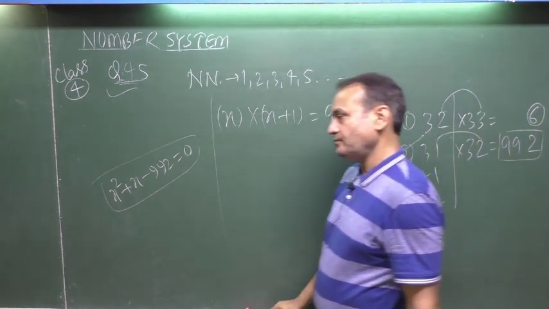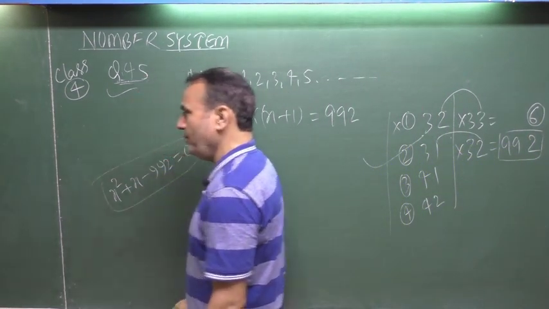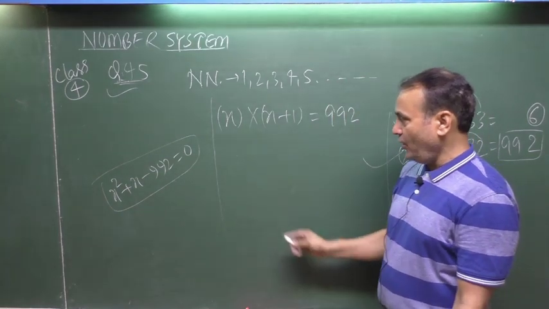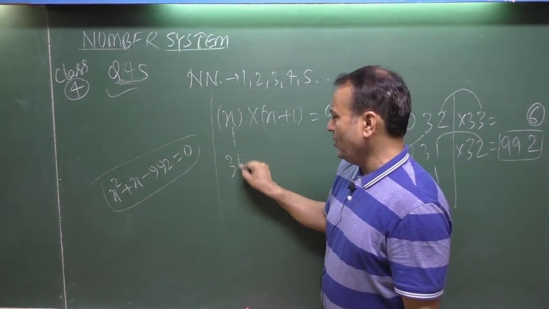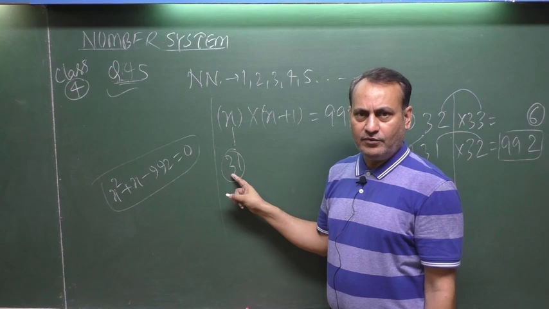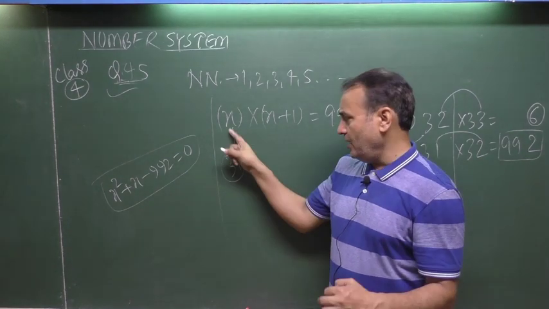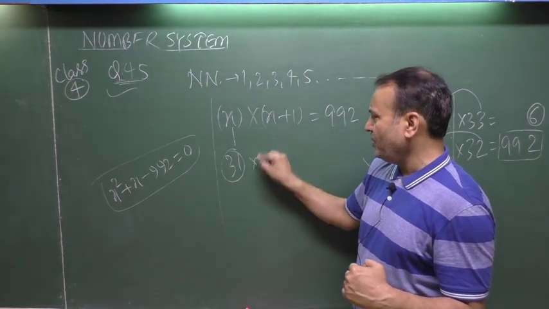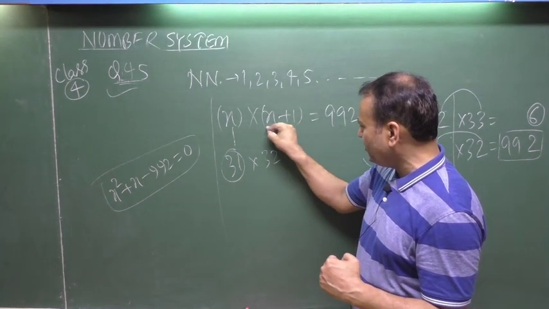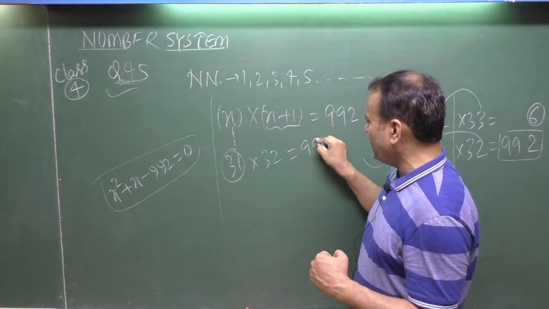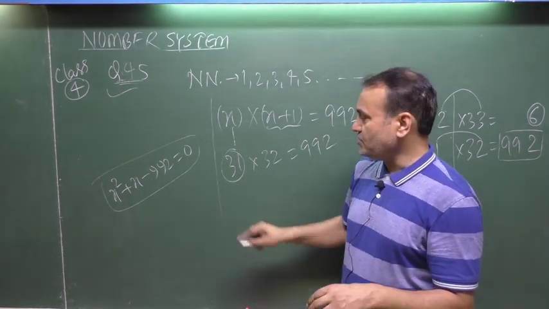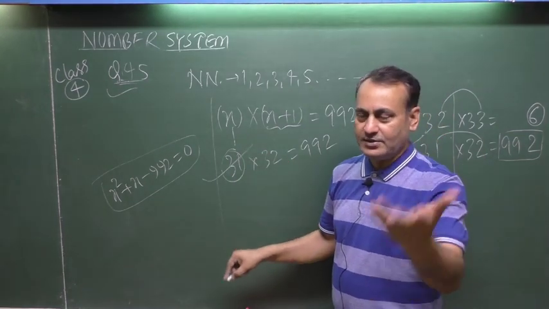Note down. That's why we take the help of options in such a situation. From the options you chose 31, and this 31 became 32 here. After multiplication 992 is obtained. Certainly this is the right answer. Note down.